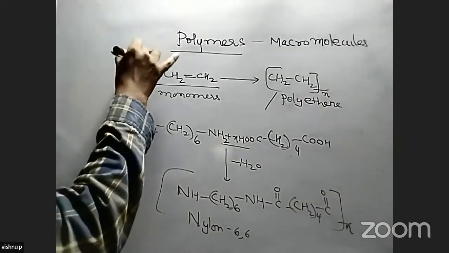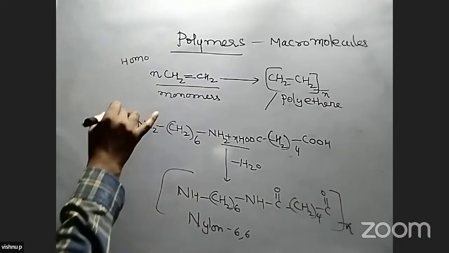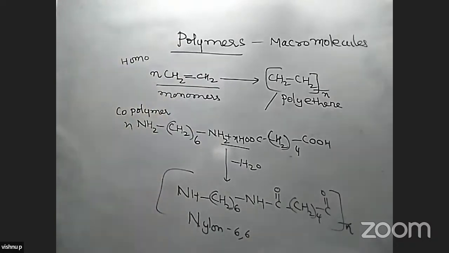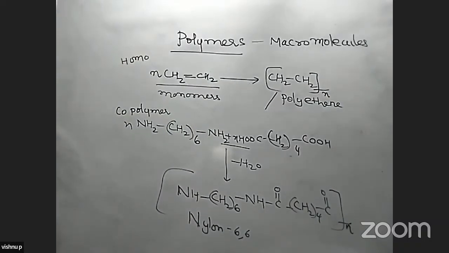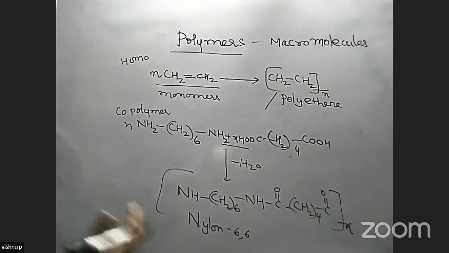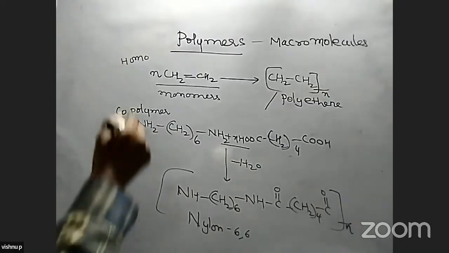So it is called a homopolymer, and it is called a copolymer. Homopolymer means monomer units are the same. If monomer units are different, that is called a copolymer.